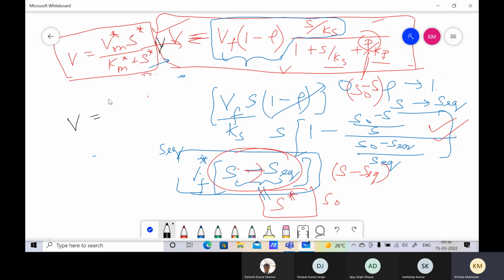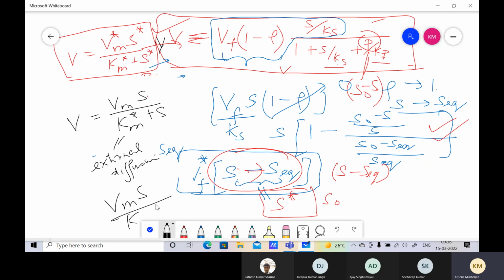For external diffusion, we wrote Vm S upon Km apparent star plus S, where Km star incorporates the fact of external diffusion. Similarly, for internal diffusion, we wrote Vm S upon Km double star plus S, where this incorporates the fact of internal diffusion.